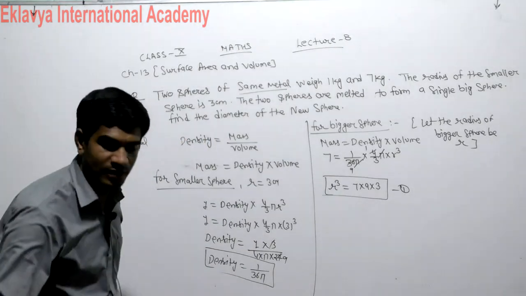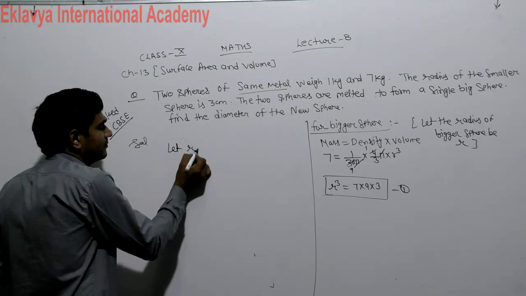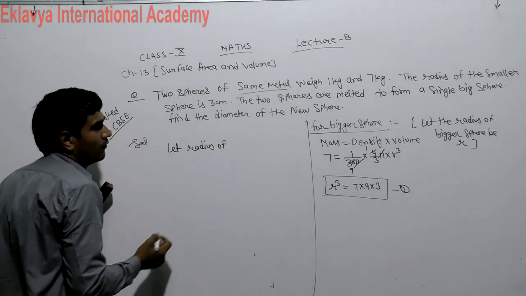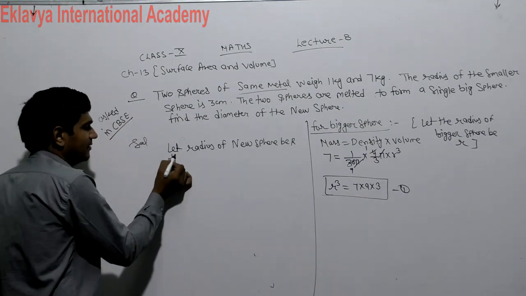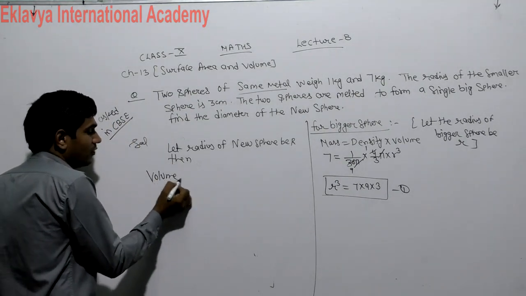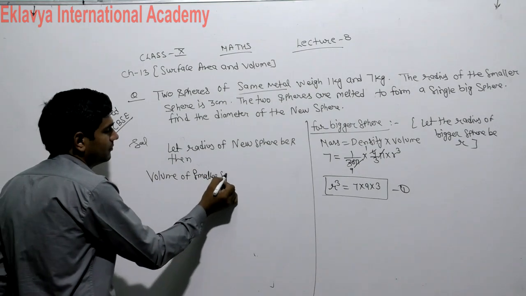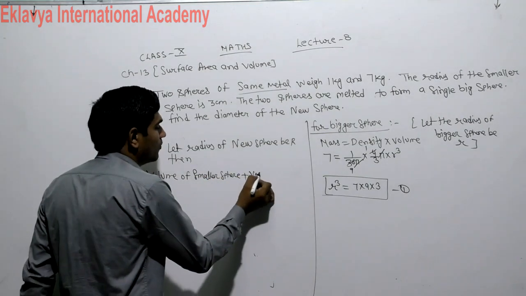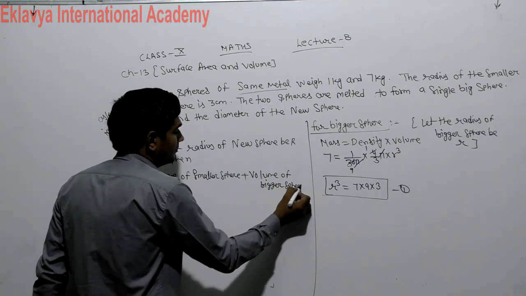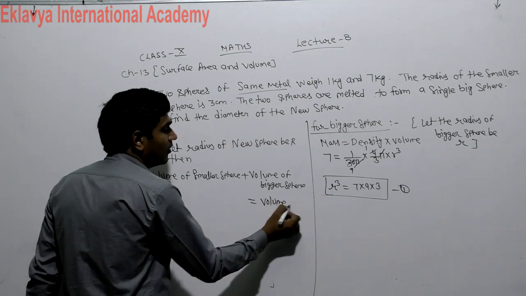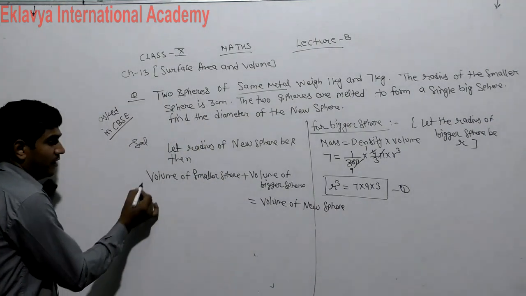Now in the next step, let the radius of the new sphere be capital R. Then the volume of the smaller sphere plus the volume of the bigger sphere is equal to the volume of the new sphere. So what is the volume of the smaller sphere?